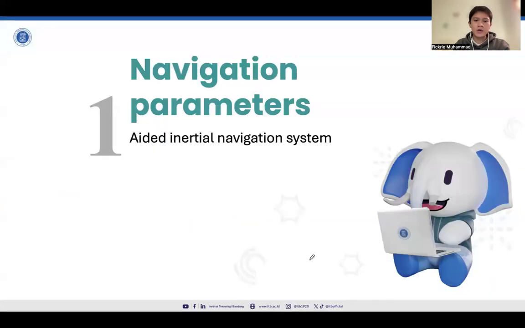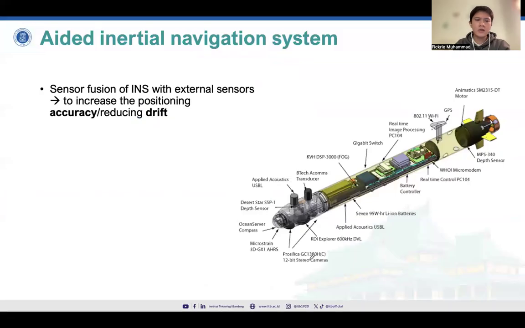Now we're going to talk about the navigation parameters in aided inertial navigation systems. For the background, the aided inertial navigation system, sometimes called AINS, relies on the sensor fusion of INS with an external sensor.